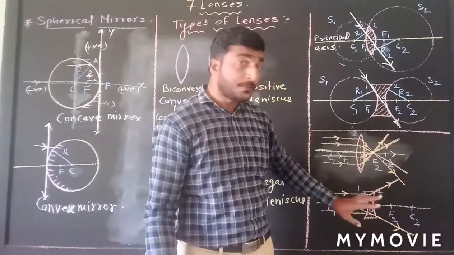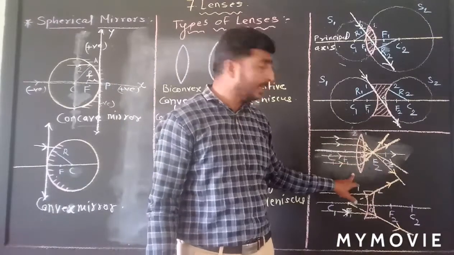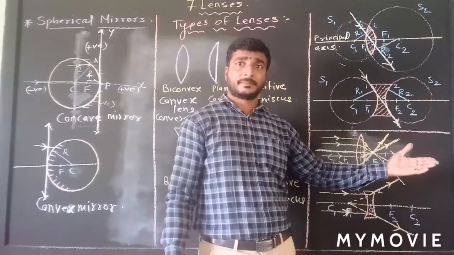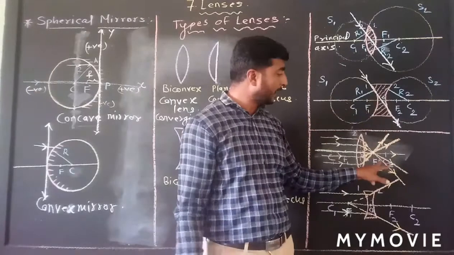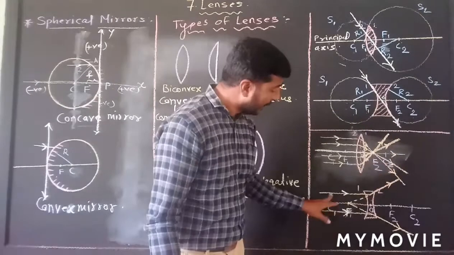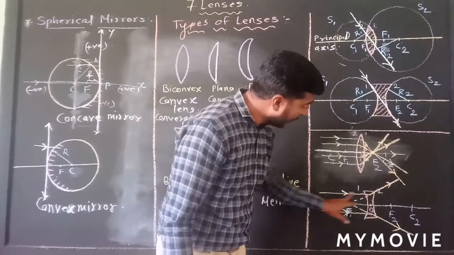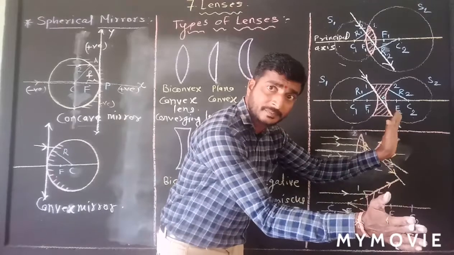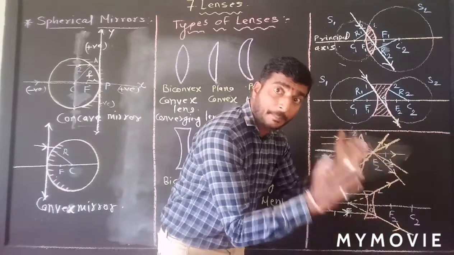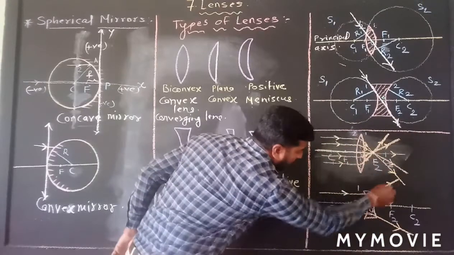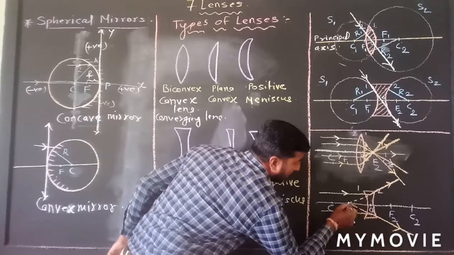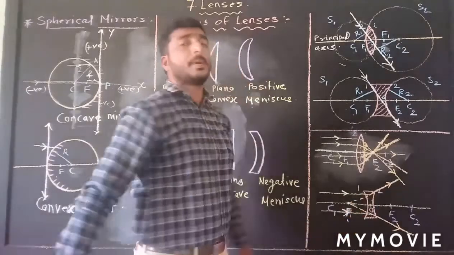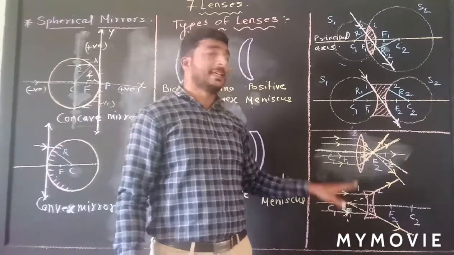So there is a different principal focus for the convex lens and the concave lens. For convex, on the other side all the rays converge, and that point is called the principal focus. But in the concave lens, rays parallel to the principal axis fall on the lens and diverge to the other side, but appear to be coming from a point. You can see here, these two rays appear to be coming from a point on the principal axis, and this point is called the principal focus of the concave lens.